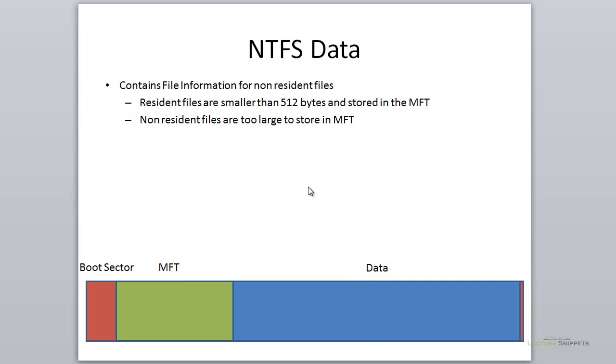If a file is smaller than 512 bytes, it usually is, or can be, stored in the master file table, and it's what's called a resident file. If it's larger than 512 bytes, it will be stored outside of the master file table, and it will be called a non-resident file. So this is a basic overview of an NTFS partition and the basic layout of what we would typically find in the partition itself.